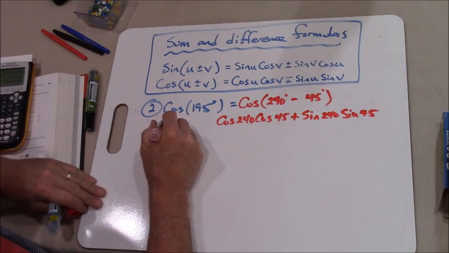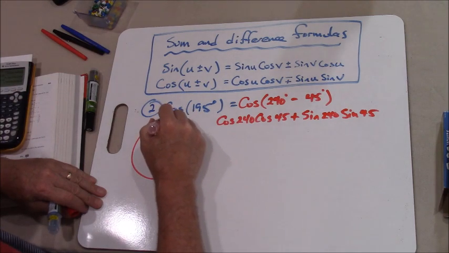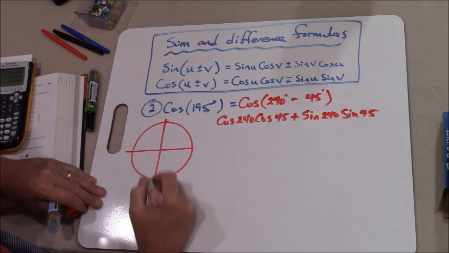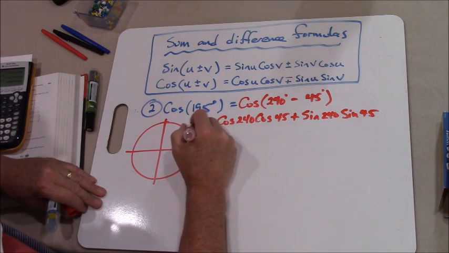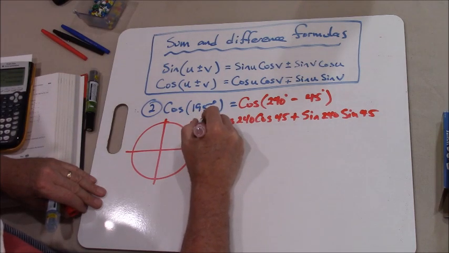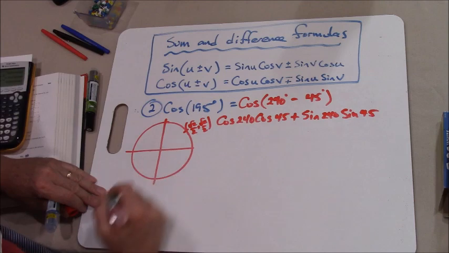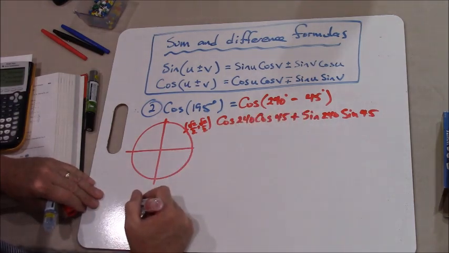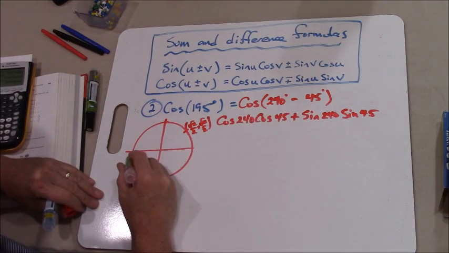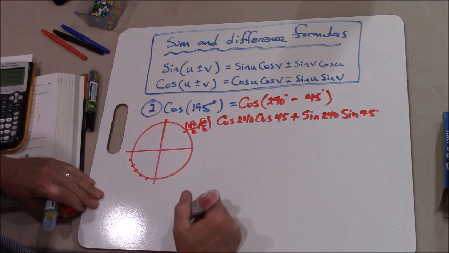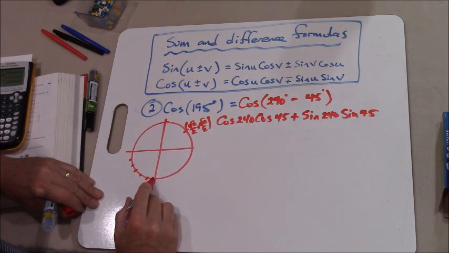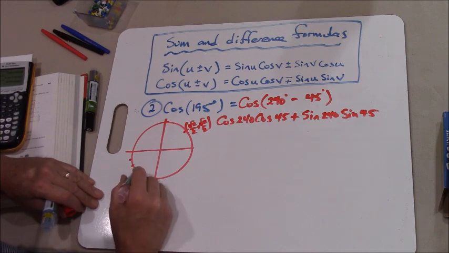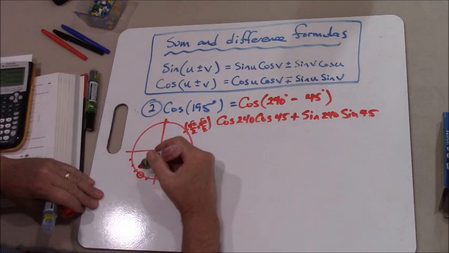All right, so if I draw a unit circle, here's 45 degrees. I know that the coordinates there are going to be root 2 over 2, comma, root 2 over 2. And 240, that's in this quadrant. 240 degrees would be 30 less than 270. 270 is right here, so if I back up 30, that's this angle.